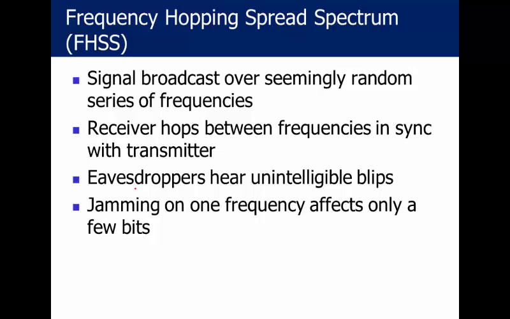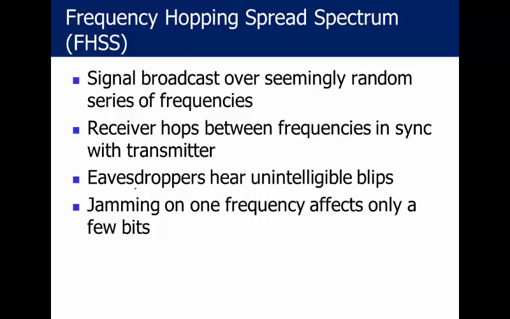The signal is broadcast over a seemingly random series of frequencies. The receiver hops between frequencies in synchronization with the transmitter. Eavesdroppers hear unintelligible blips. Jamming on one frequency affects only a few bits.